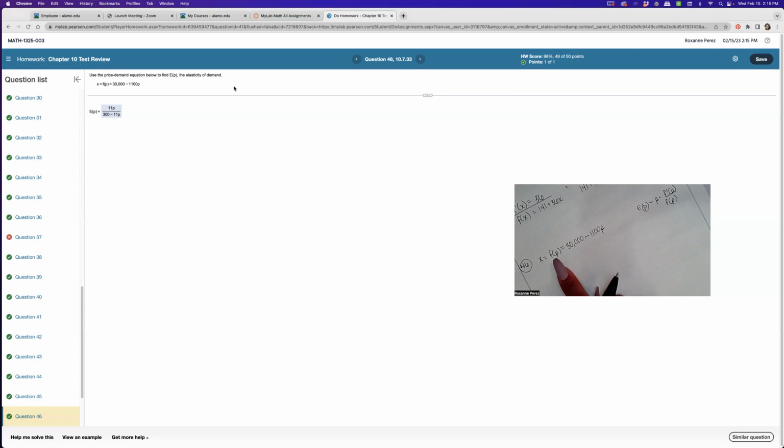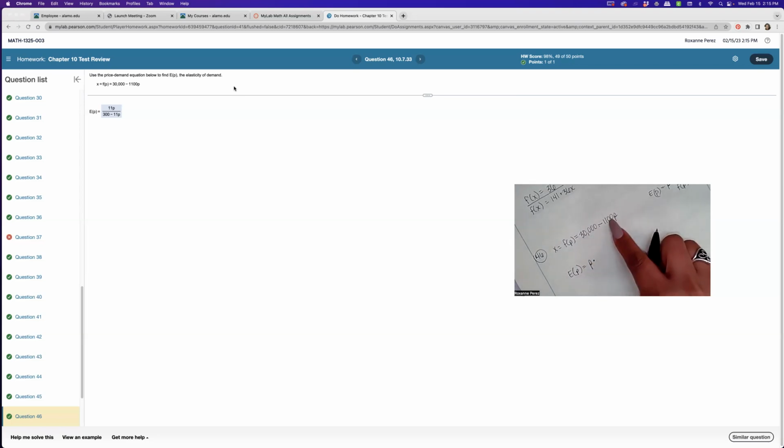So E of P equals P times the derivative of f of p, which is negative 1100, and then we divide that by the original f of p, 30,000 minus 1100p.